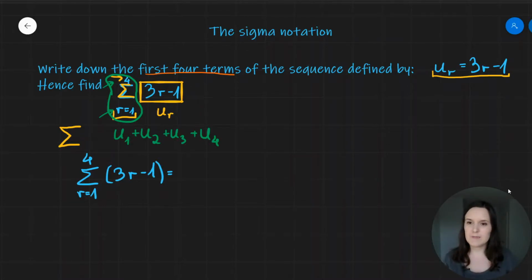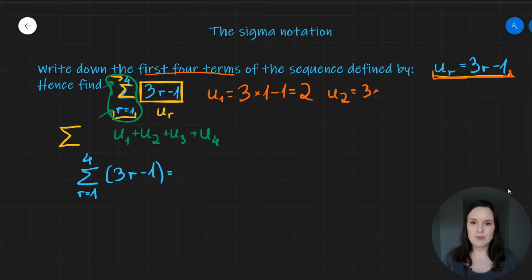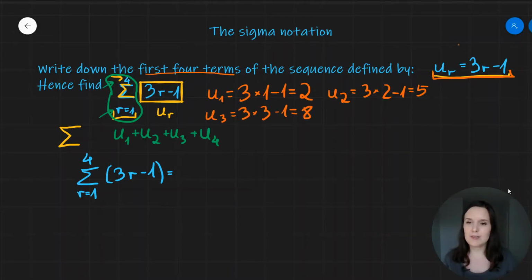First, let's list the terms. u1 is 3 times 1 minus 1, which is 2. u2 is 3 times 2 minus 1, so 5. u3 is 3 times 3 minus 1, which is 8. I am using this formula, which says that to find u_r, you multiply r by 3 and subtract 1. And I need u4, so 3 times 4 minus 1, which is 11.